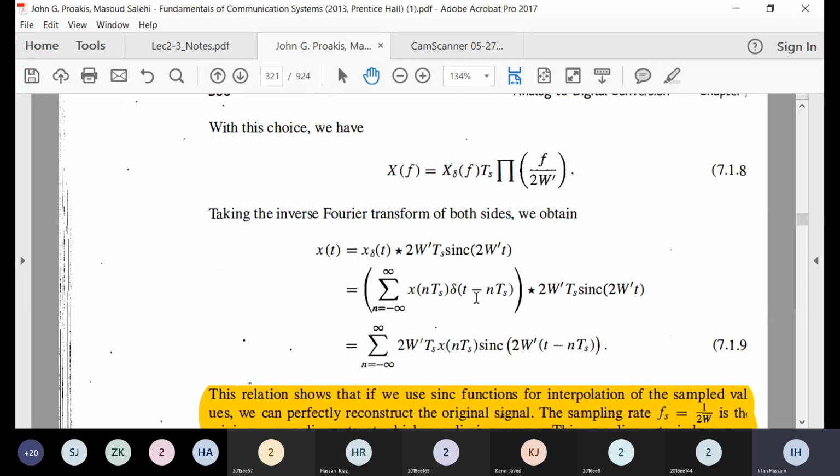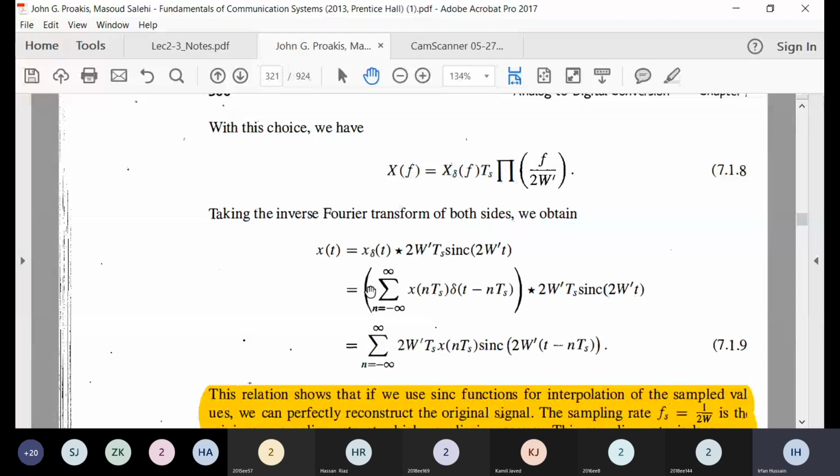We have seen earlier in the proof that convolution of an impulse train with a sinc function results in the sinc function at the point of the impulse train. This can be very well proven again. So instead of t, this will become t minus nTs, and all of this is the same.